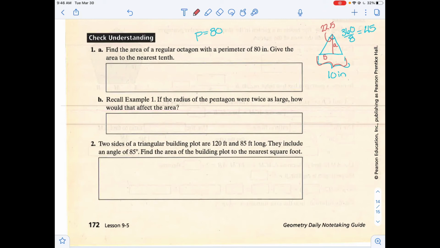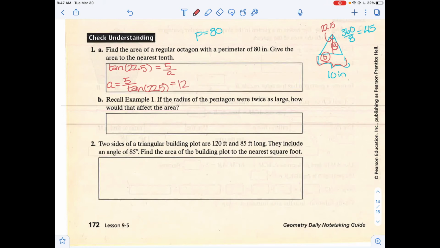So we have the opposite and the adjacent side. So we're going to use the tangent of our angle 22.5 equals opposite 5 over adjacent A, our apothem, which is what we're trying to find. Okay, so then we're going to do A equals 5 divided by the tangent of 22.5. And we get about 12.